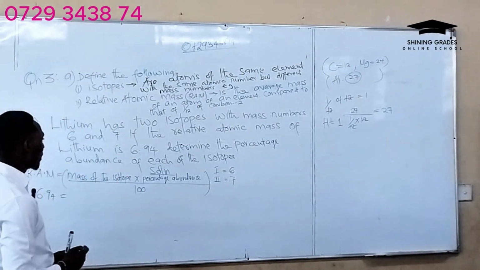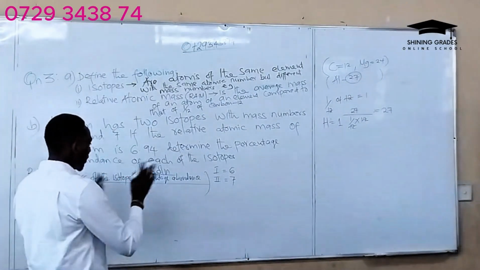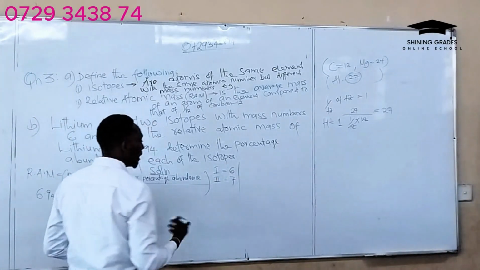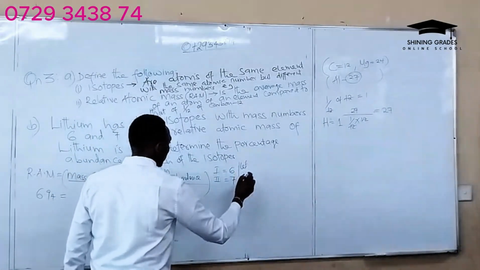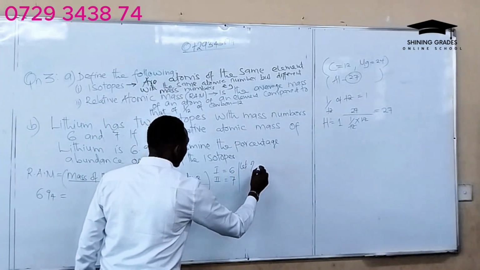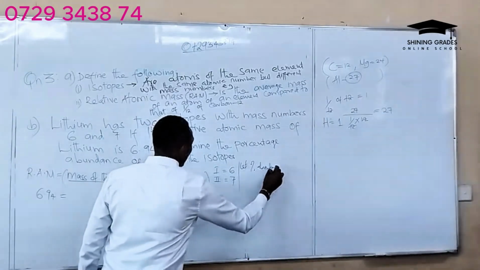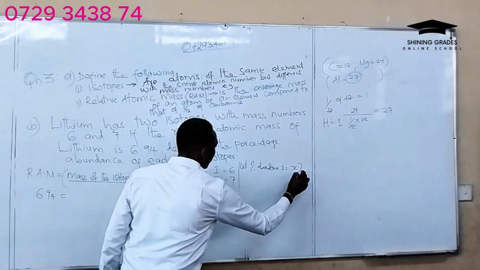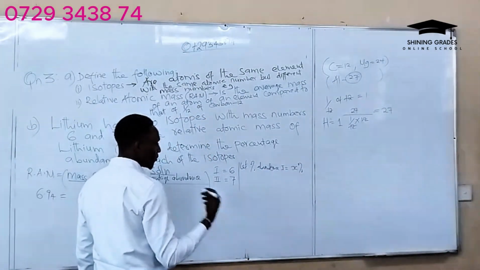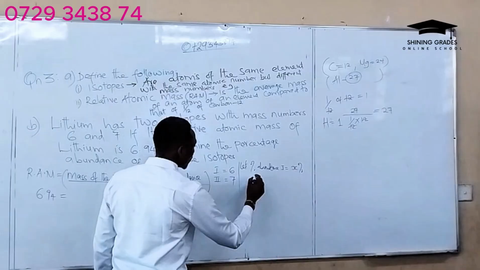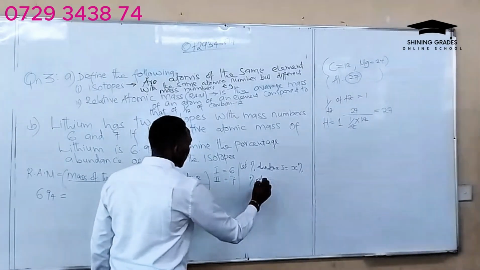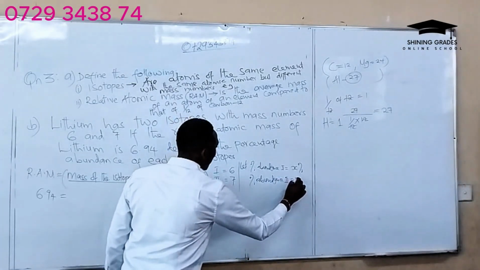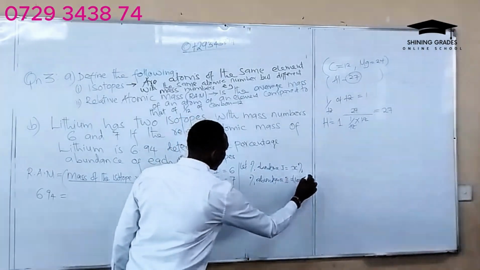We are told to determine their percentage abundances. So looking at the question, we are not provided the abundances. So here we are going to say let the percentage abundance of isotope 1 be X%. And automatically the percentage abundance of isotope 2 will be 100 minus X%.